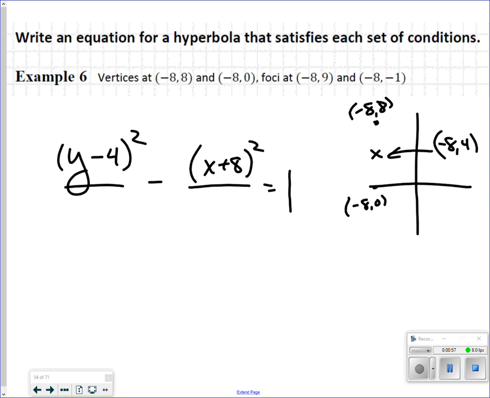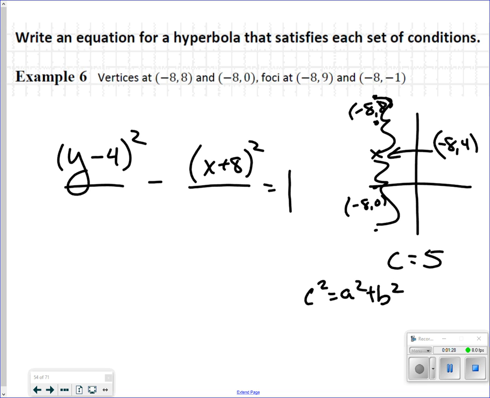Next, it's going to give me the foci points at -8, 9, and -8, -1. So now I know that the C value is 5. So the C value would have to be 5 to get from -8, 4, the center, to -8, 9. Now remember, C squared equals A squared plus B squared.